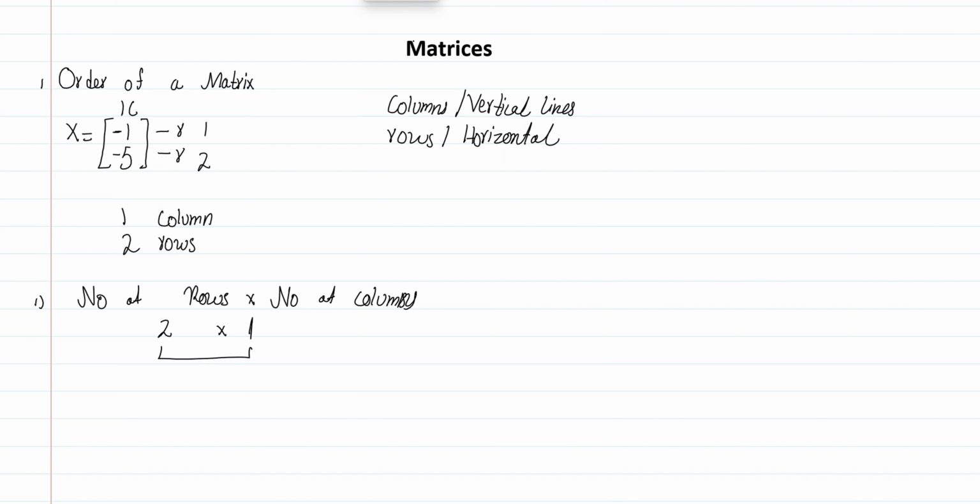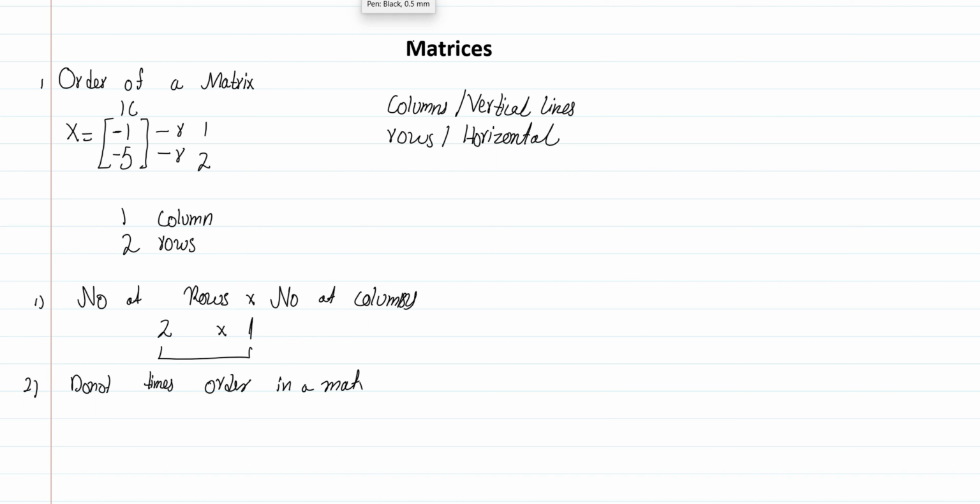The second one is, do not multiply the order in a matrix.